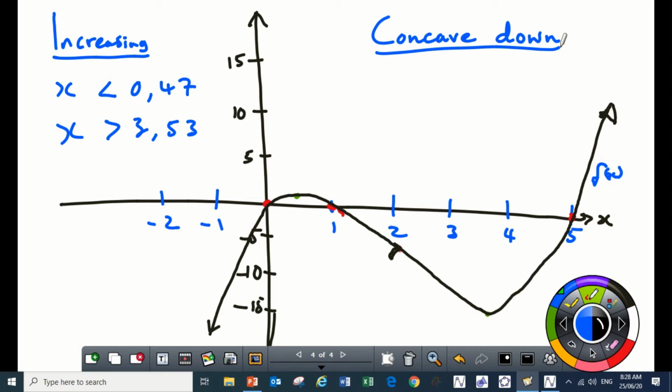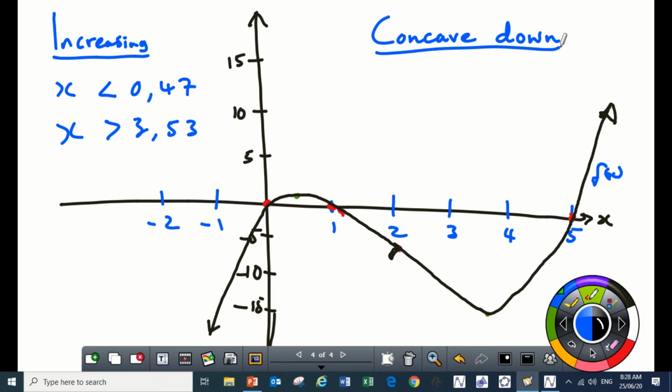So, if you want, you can use the inequality that I gave you, or you can get the solution from the graph. The graph is concave down until you get to the point of inflection. Up to there, the graph is concave down. So your reference value is the value of x at the point of inflection.